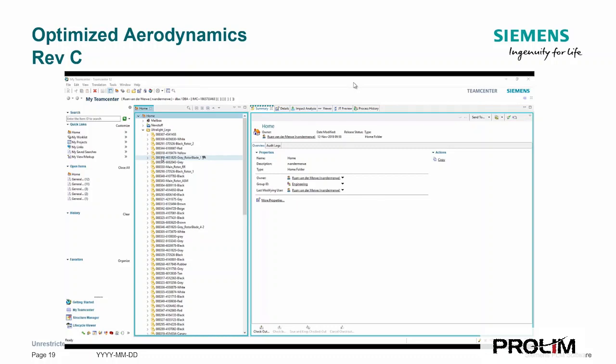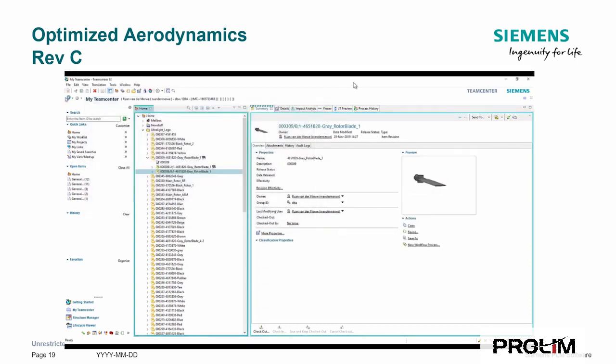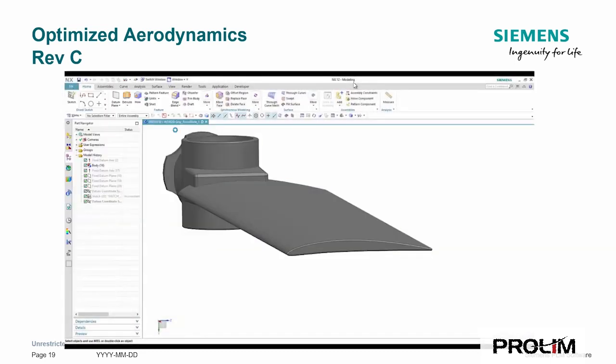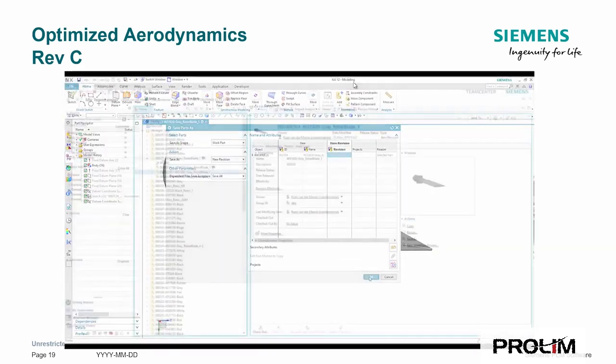So knowing the parameters that will give us the best lift to drag ratio, we can then go through a revision on the CAD model using those parameters. Go through that revision.